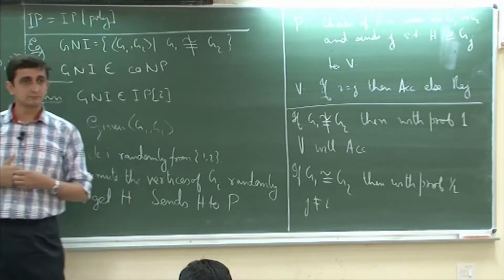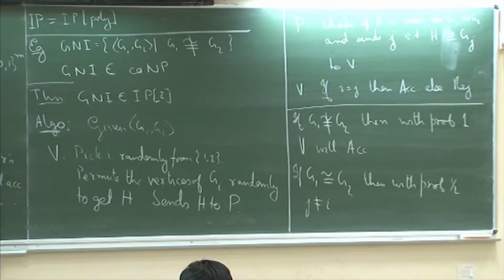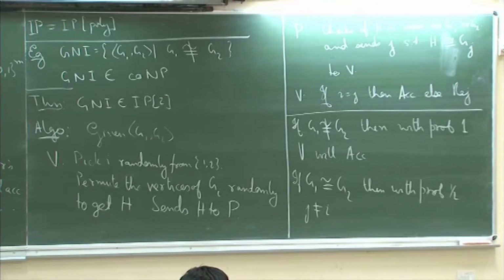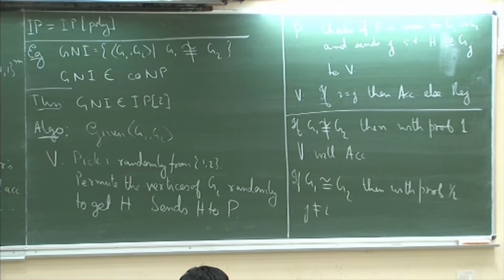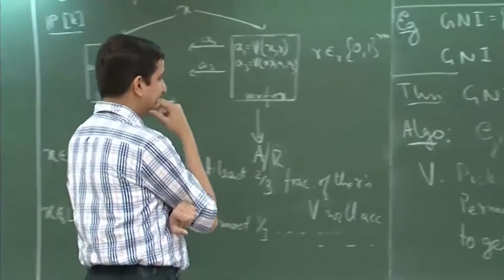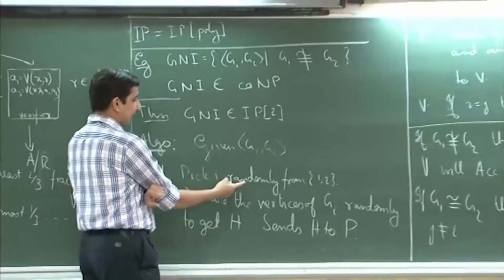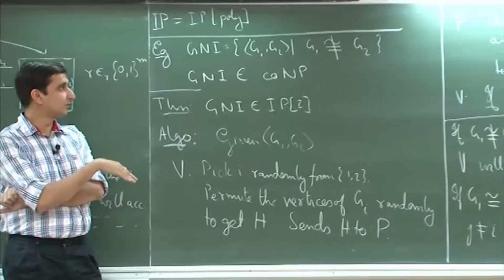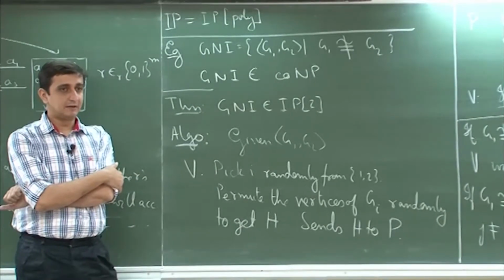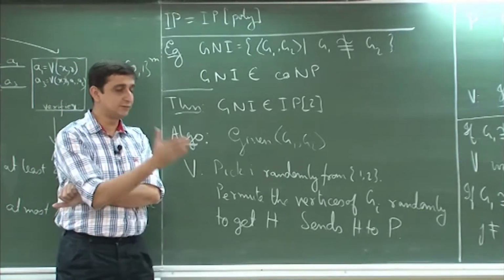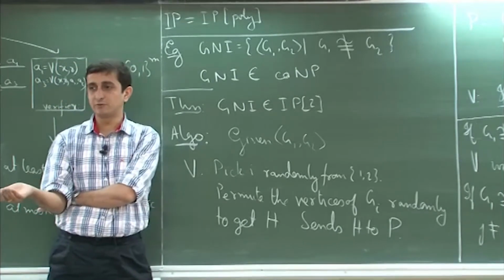In case we are using multiple tries, are we sending all the permuted graphs at the same time, or one at a time? You can send them at the same time also, does not matter. So, let us say you can make t coin tosses here, you can generate H1 to Ht, send them all to the prover, but now some of the Hi's will be isomorphic to G1 and some of them will be isomorphic to G2.